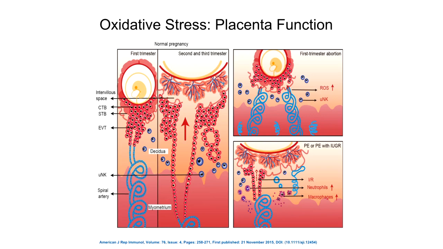Normally, in a normal pregnancy, we see in the first trimester the connection of cells called extravillous trophoblast with the spiral arteries on the maternal side.